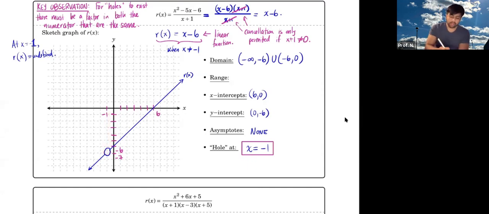But the range here completely skips -7 and moves on to everything above -7 and everything below -7. So the range is -infinity to -7 union -7 to infinity. That's going to be my range. And that is the way we graph this kind of function.